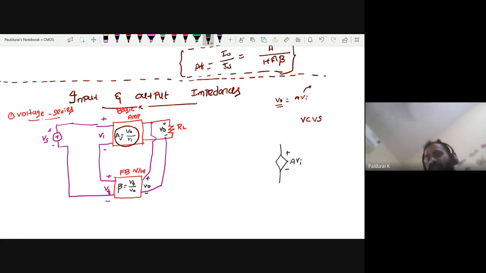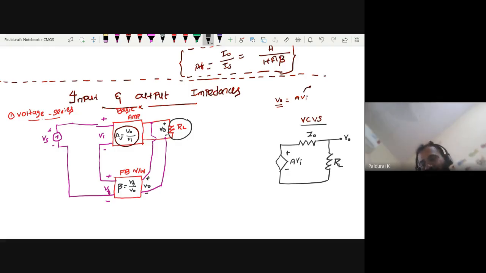This is a symbol you know. The voltage source may have some internal resistance in series, which is the output resistance, and I have this load resistance RL. So this is my output part where I am measuring my output.